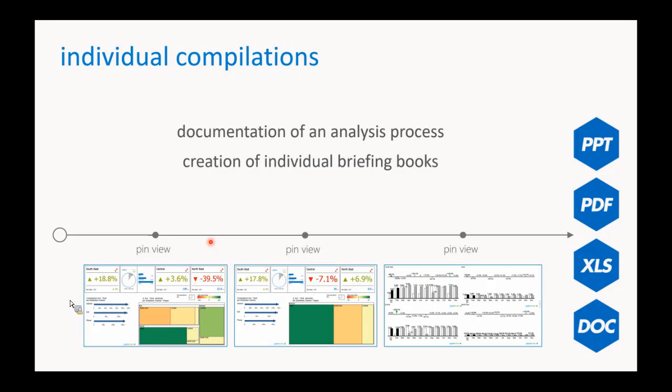Possible scenario could be you want to document your analysis process, or you get a request from your manager who wants to see different selections, maybe different regions or different profit centers in a presentation or in a document, and you could now move through your dashboard, choose different profit centers or regions from the drop-down boxes, pin the different views, and then generate one document which includes all the views that you pinned before.